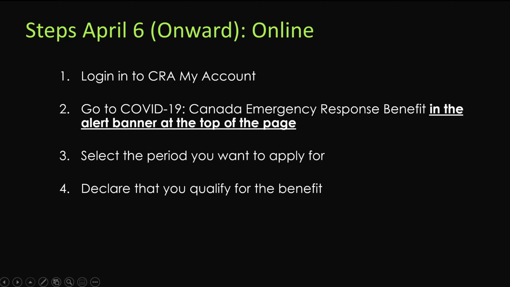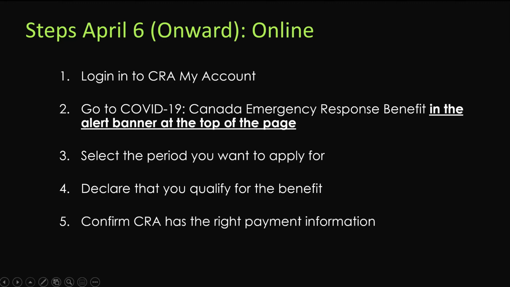So notice that the only thing government is requiring at this time is your self-declaration. So it's based on an honor system that you qualify for these benefits. Now, the government may ask for additional information later, and you may have to provide documentation, but for now, you just need to declare it, and you need to confirm that CRA has the right payment information for you, whether it's direct deposit or by check.